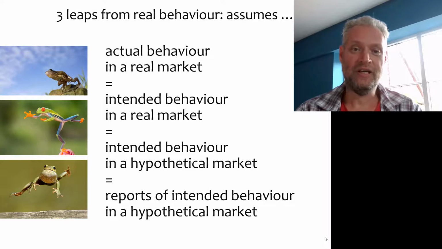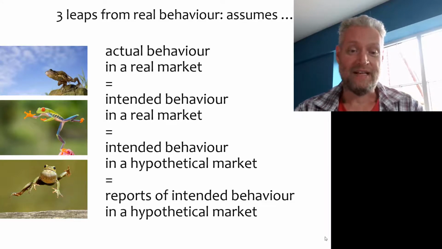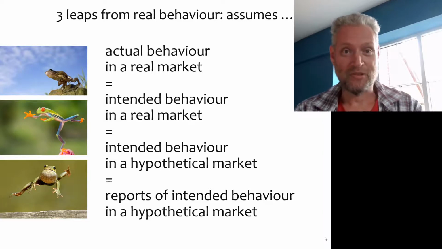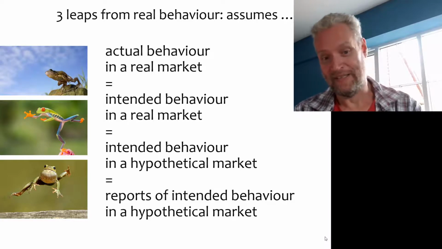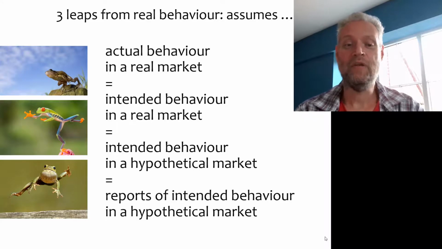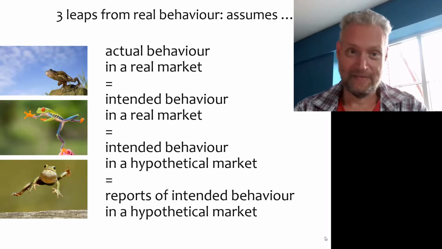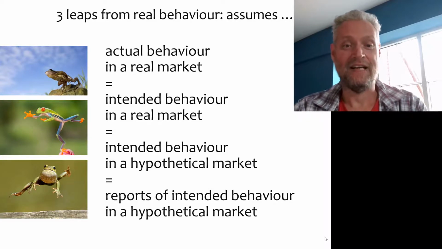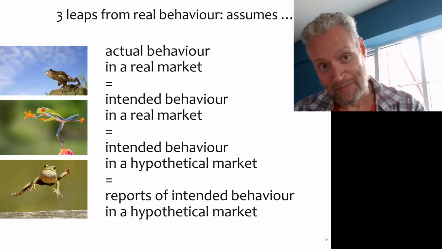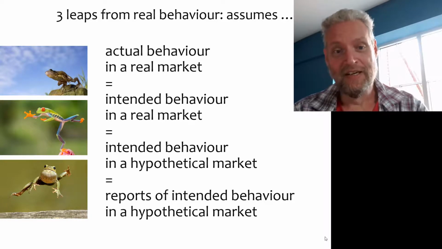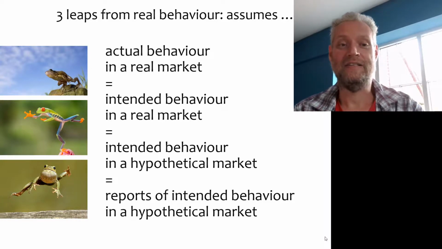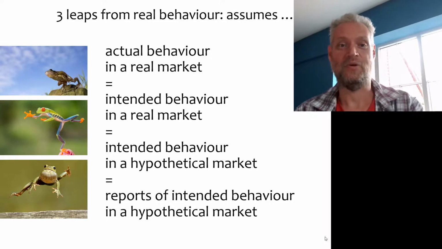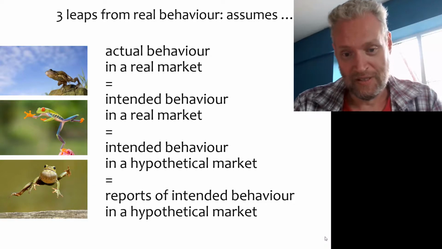So there's three leaps of faith here: that the reports of the intended behavior are accurate, that is, what people say they intend to do is what they intend to do. Then what they intend to do, should this market exist, is what they would do if this market does exist. And then the third leap of faith is that what people intend to do equals what they actually do.